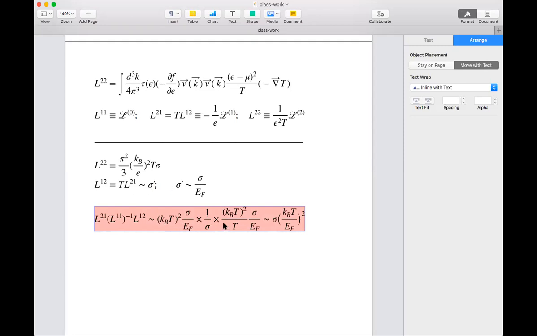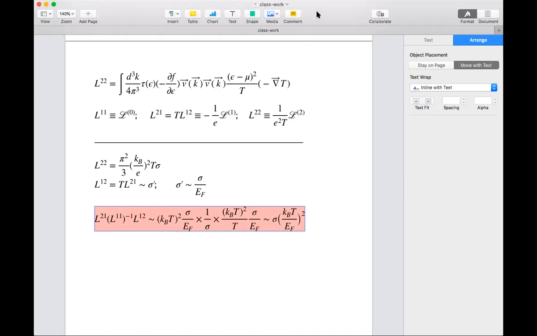Then L11 inverse is 1 over sigma, and L12 gives the other factor, kBT squared over epsilon F. Everything combined gives you sigma times kBT over epsilon F, squared. Again, at low temperatures, kBT over epsilon F is a small quantity, at least 10 to the minus 4 or smaller.